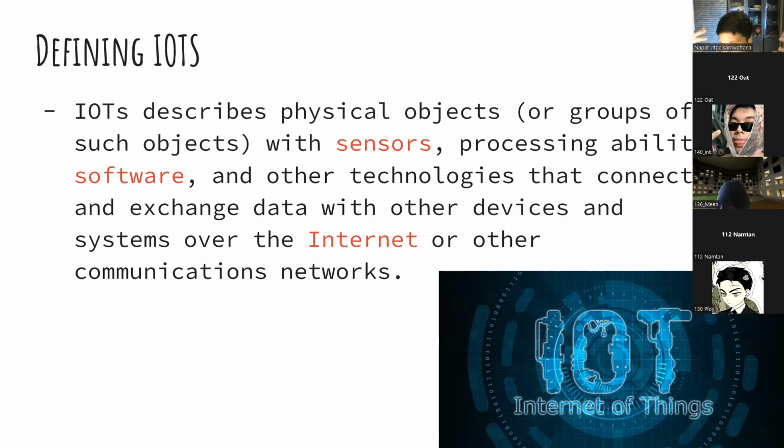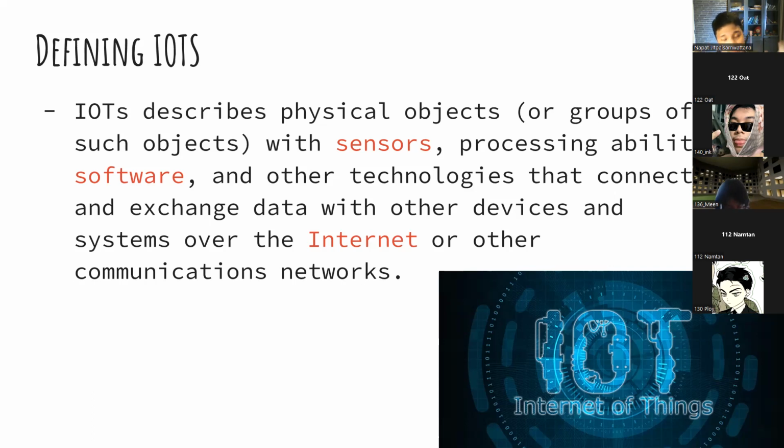And it's not just physical objects, right? But it's physical objects and other types of technology that connect and exchange data with other devices and systems over the internet or other communication networks, right? So basically, for the Internet of Things, I think there are two terms here.